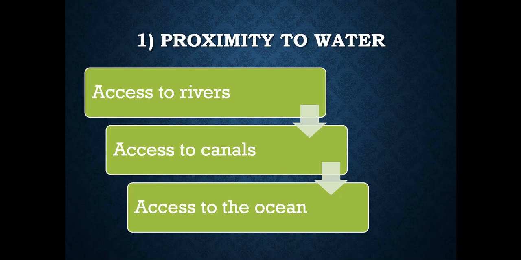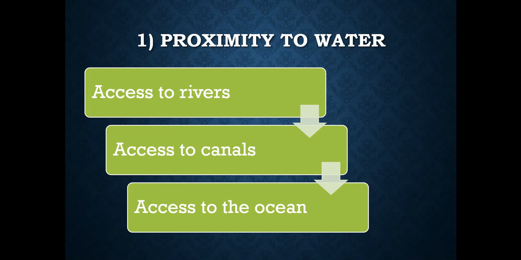And on top of being surrounded by the ocean, you had river systems, you had canal systems, which allowed the movement of goods through the river or canal systems to the deeper parts of the island. And this allowed the movement of goods that were brought from other parts of the world into Great Britain, as well as goods that were produced or manufactured in the inner parts of Great Britain to move outside into boats waiting that were maybe going to the Americas, Africa, India, the Middle East, the Asian part of the world, and other places.